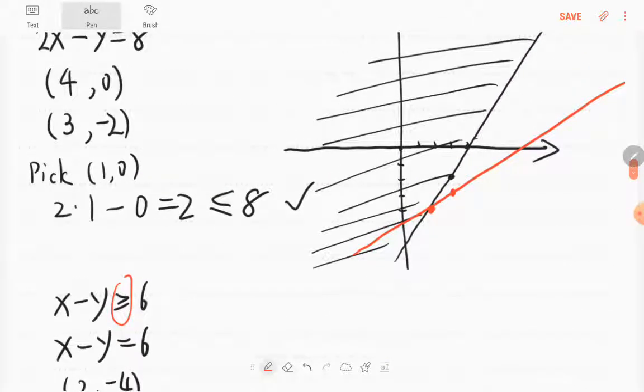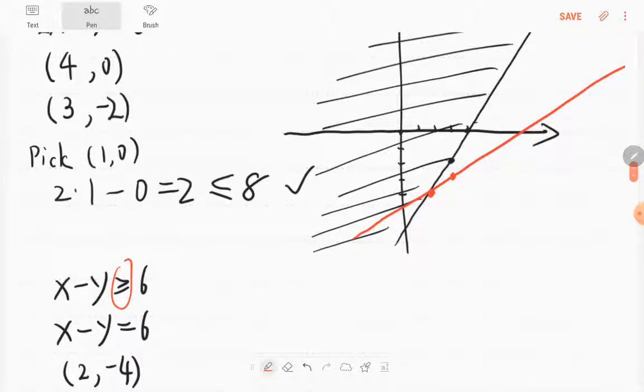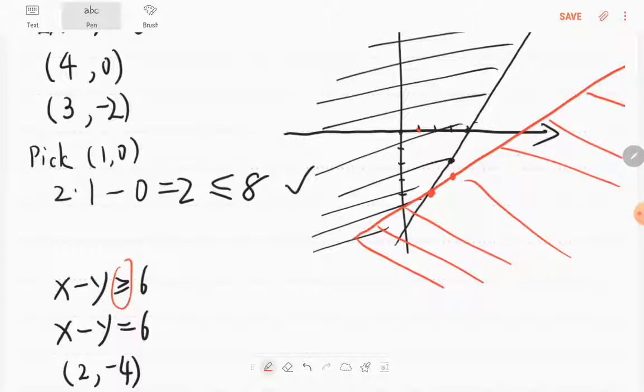So this point should not be in the region. This red line divides our region into the upper half plane and the lower half plane. But this point is not in the solution region, so the solution region should be the lower half plane, right?